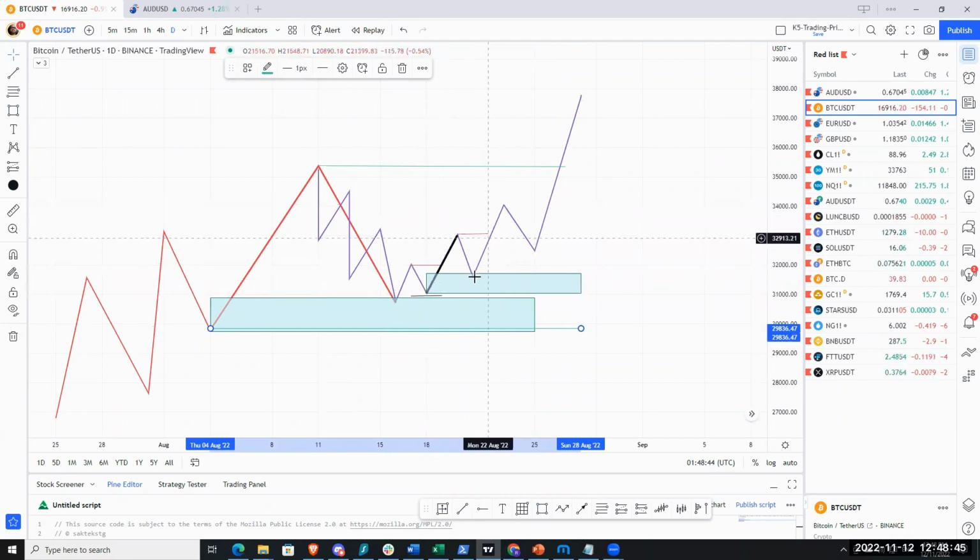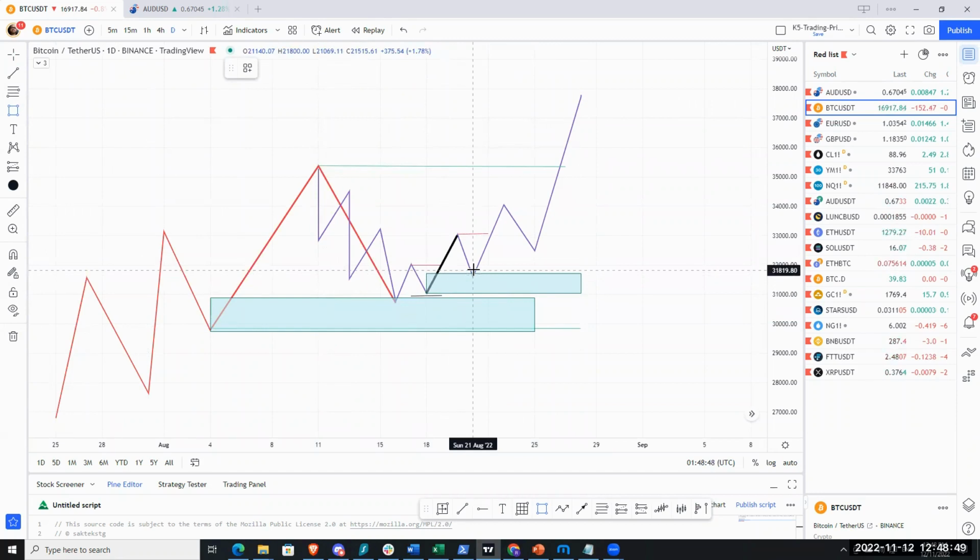If you miss this one, you look for this one. Another one right up here. So you can see that with this red internal structure of this external structure, while the price movement is still inside this leg, we will find multiple areas to enter the market for this structure to break.